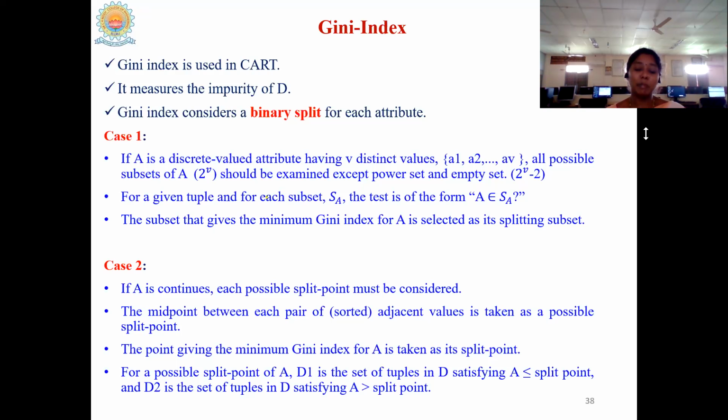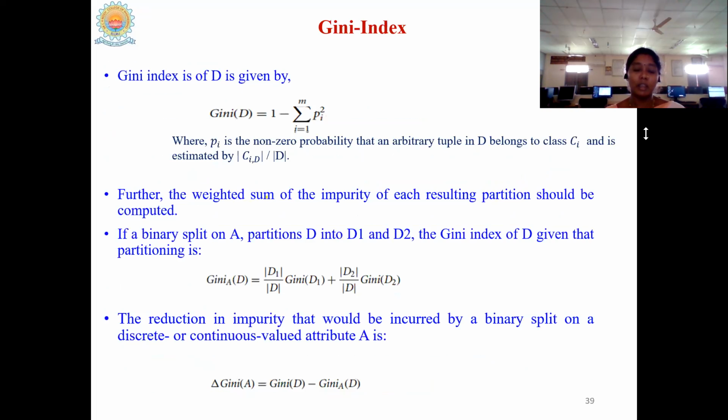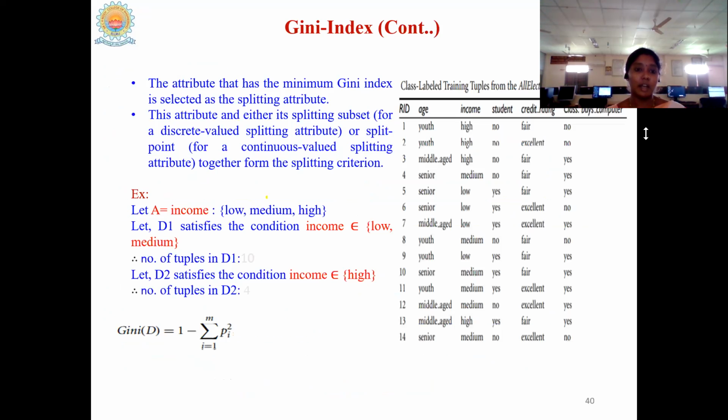The point giving the minimum GINI index for A is taken as its split point. For a possible split point of A, D1 is the set of tuples in D satisfying A less than or equal to split point, and D2 is the set of tuples in D satisfying A greater than split point. These are the formulas which we have already discussed, and coming to the exercise.